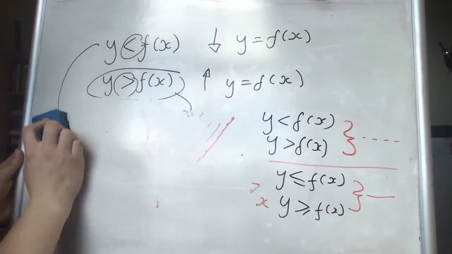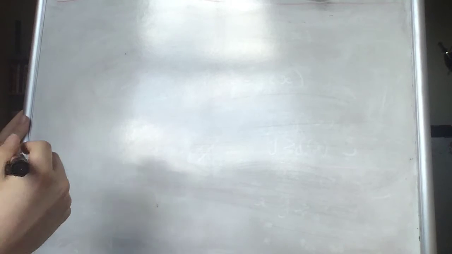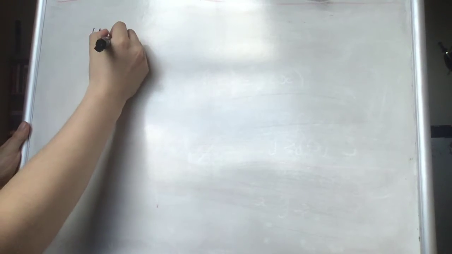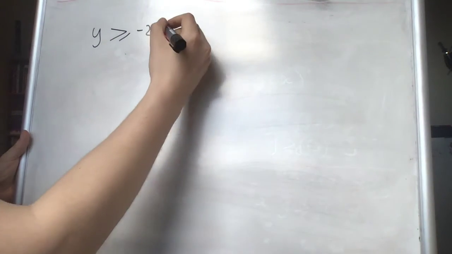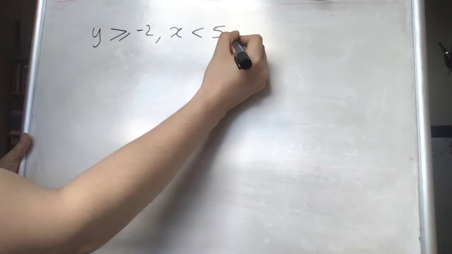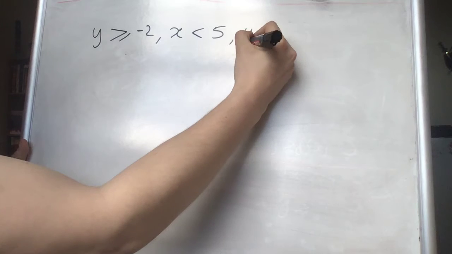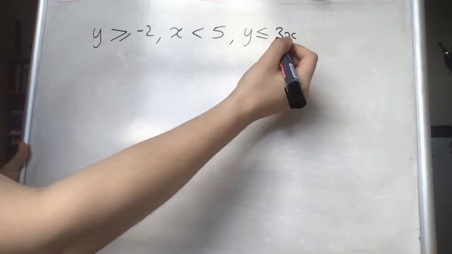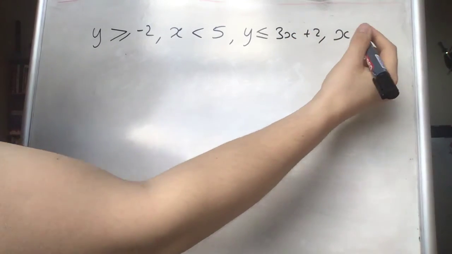Let's get rid of this. Okay, so let's say we want to shade the region that satisfies the following inequalities. y is greater than or equal to -2, x is less than 5, y is less than or equal to 3x plus 2, and x is greater than 0.